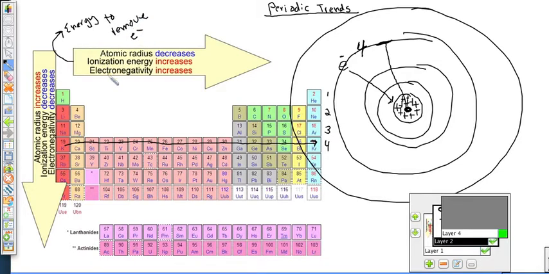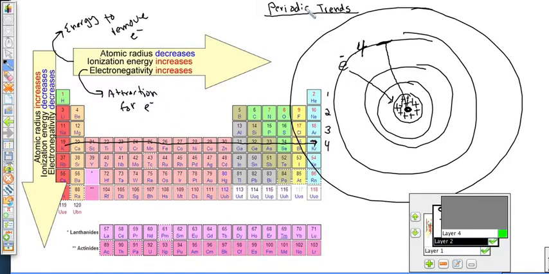That's ionization. What about electronegativity? Well, it's also going to increase the electronegativity, because electronegativity, as we go from left to right, is the atom's ability to attract electrons. So this is attraction for electrons.